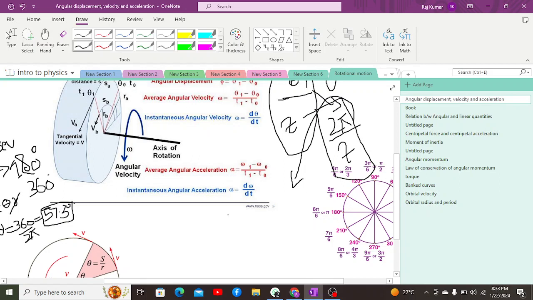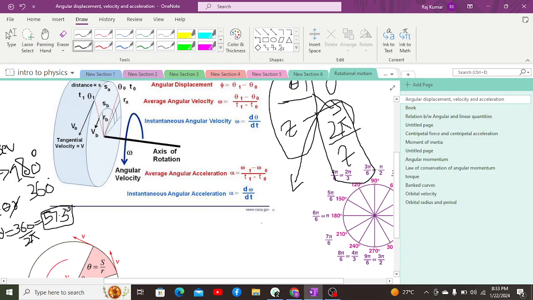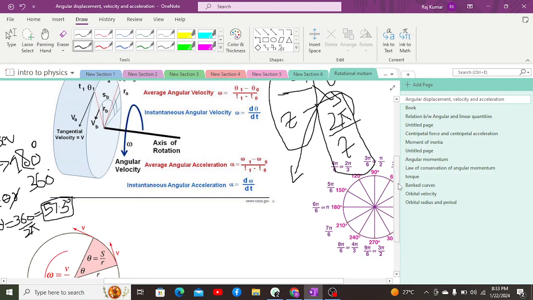How? See, as we have angular velocity, if we consider linear velocity first, linear velocity basically has an average linear velocity and instantaneous velocity.